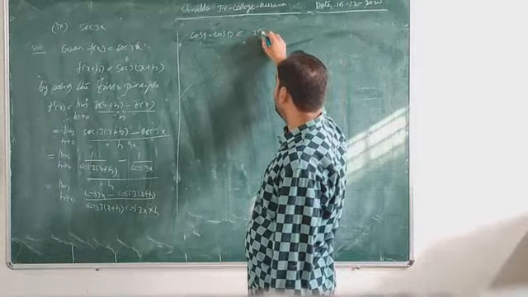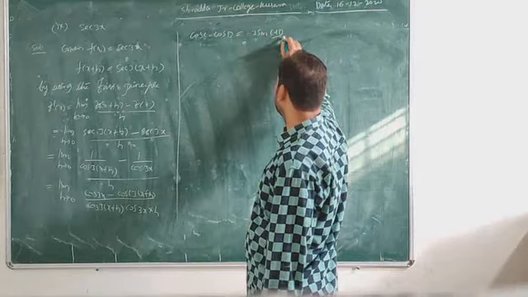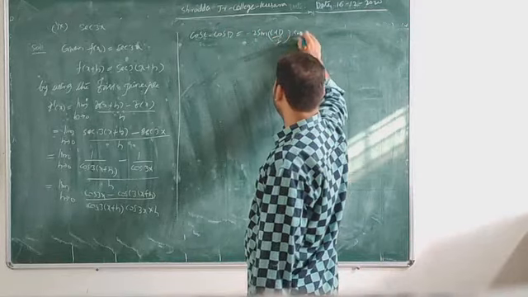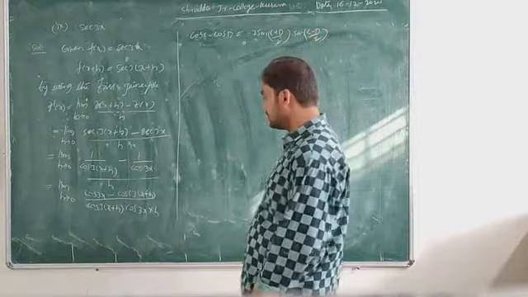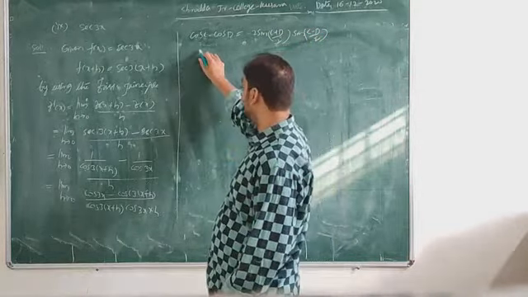What is the formula? That is minus 2 sin((c plus d) by 2) into sin((c minus d) by 2). Now here, this is equal to what?